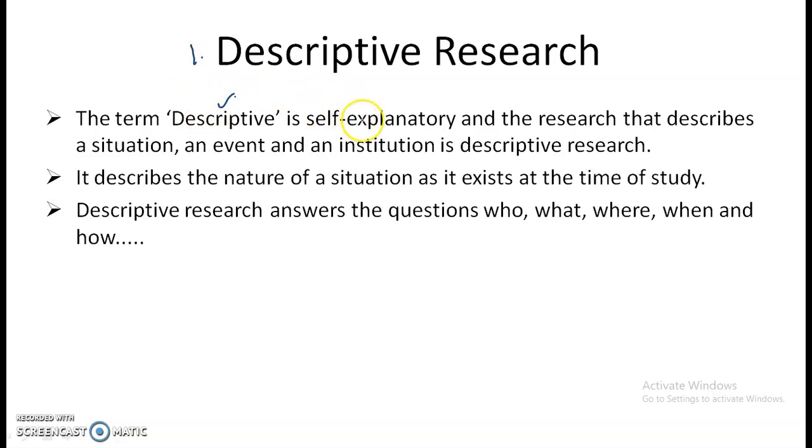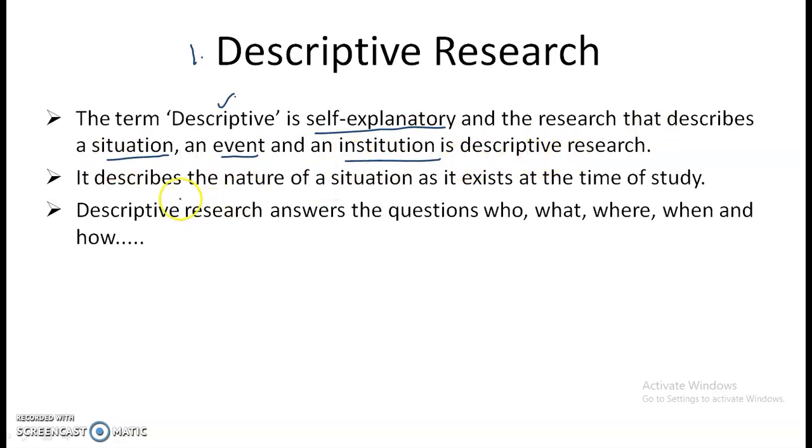That means you have to explain something, and you have to give some kind of theory type of supportive statements for your research work. So that's why descriptive can be called self-explanatory. Okay, and the research that describes a situation, an event, and an institution is a descriptive research. Okay, it is most important, guys. The research that describes the situation, event, or an institution is nothing but a descriptive research.